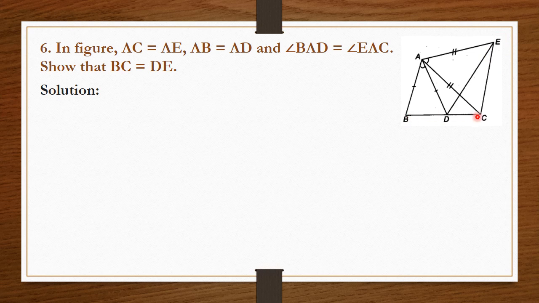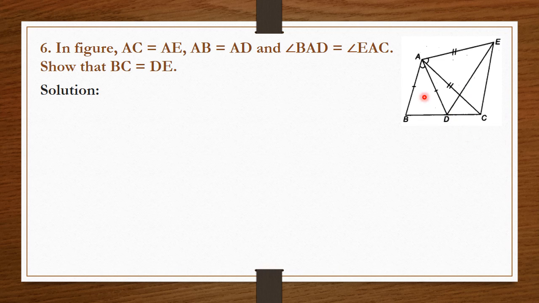BC belongs to triangle ABC and DE belongs to triangle ADE. If we can prove that ABC is congruent to ADE, then we can say that this side is congruent to this one, as corresponding sides.